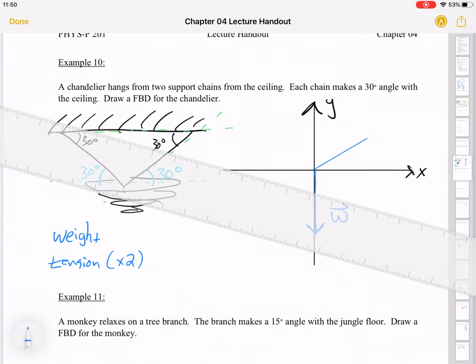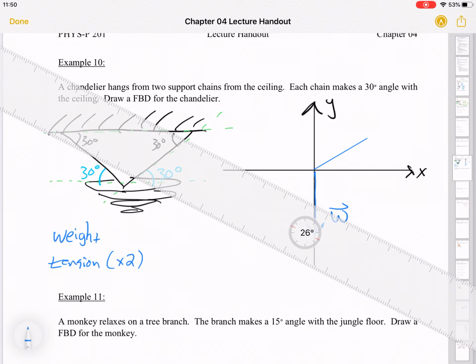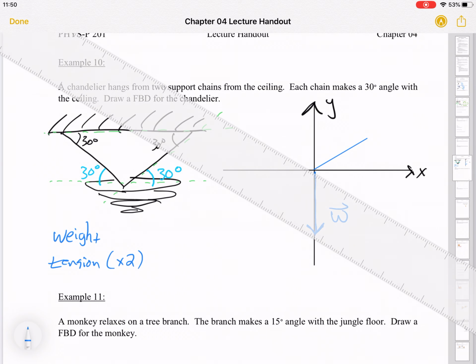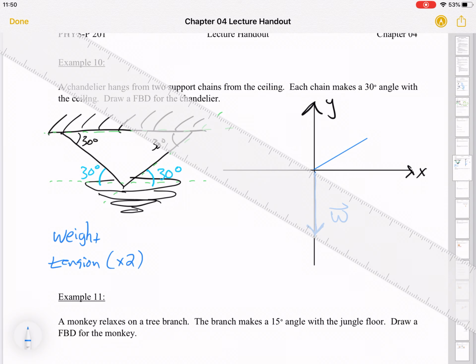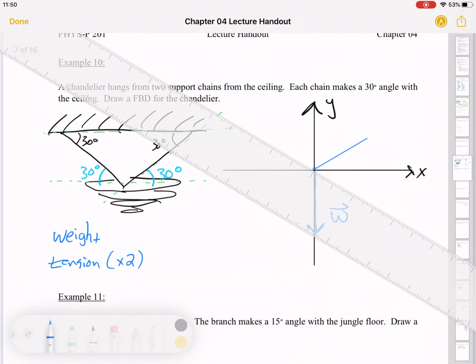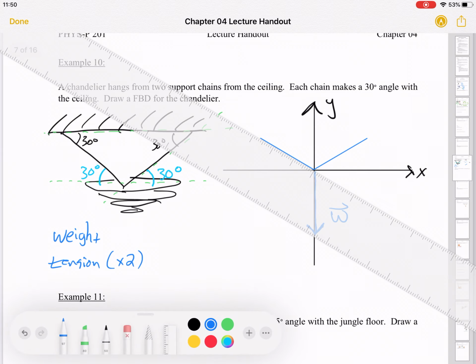So then I want 30 degrees the other way. I would never be this careful if I was drawing it with a pen. There. Come on, you can do it. Okay, that looks great.